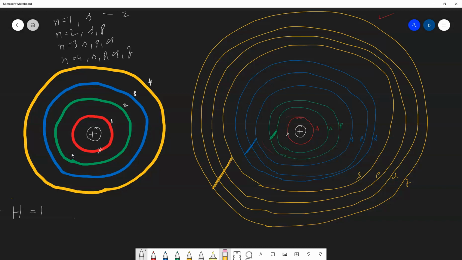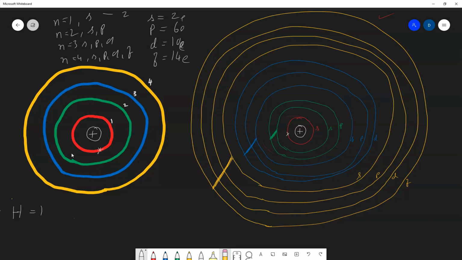You also know that in every s orbital there are 2 electrons maximum, in p there are 6 maximum, in d the maximum is 10 electrons, and in f the maximum is 14 electrons. So you have to remember this.